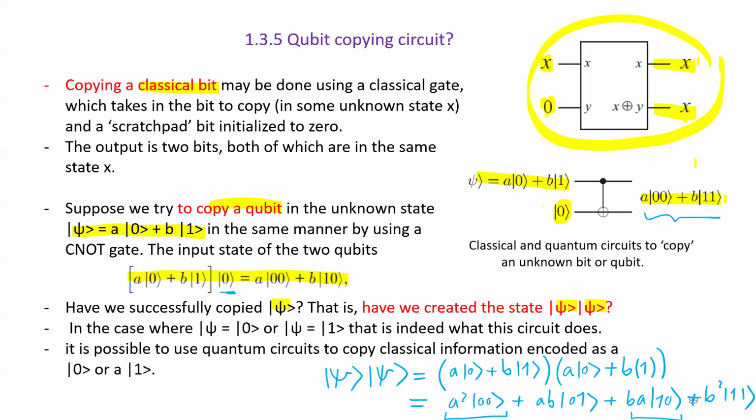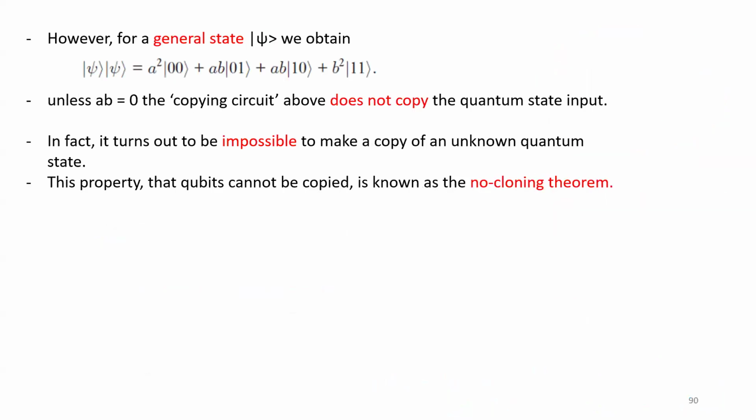The only exception is if you, in fact, make one of those two zeros. So let me show you here. If you look at this as psi times psi, like getting two psi's output, this is what we should get at the end.